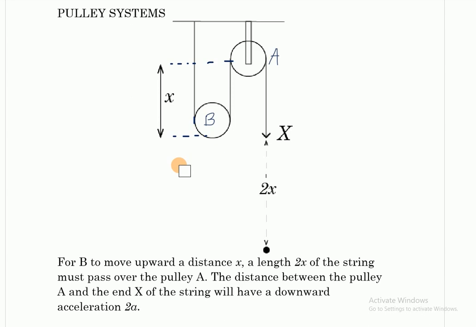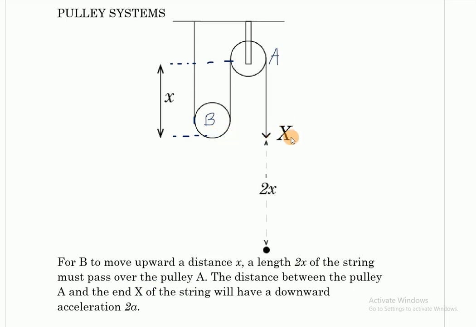Now, this one is one of the arrangements. There are various arrangements you can have, and looking at this one, the wordings here are saying that for B to move upward a distance x, a length 2x of the string must pass over the pulley A. And how does this one move up?